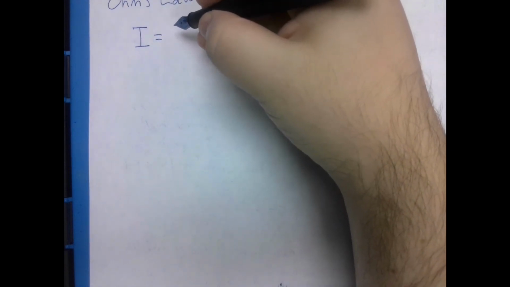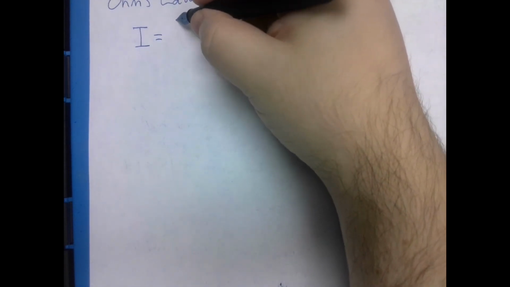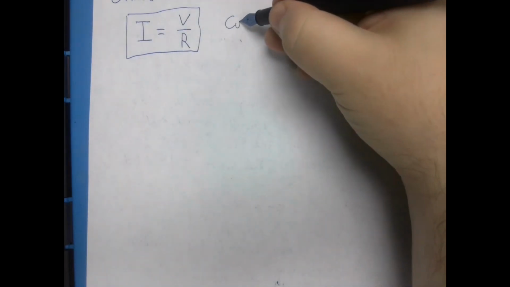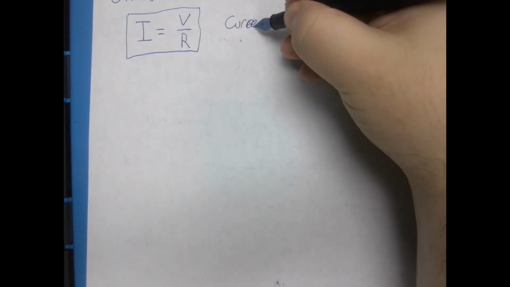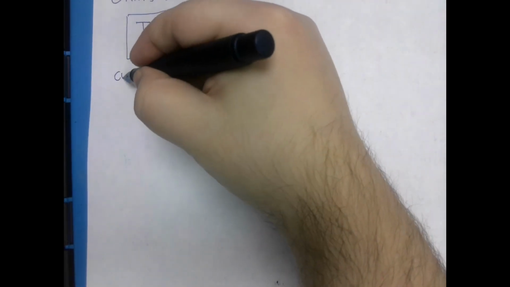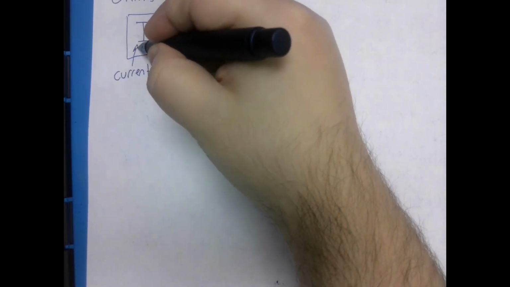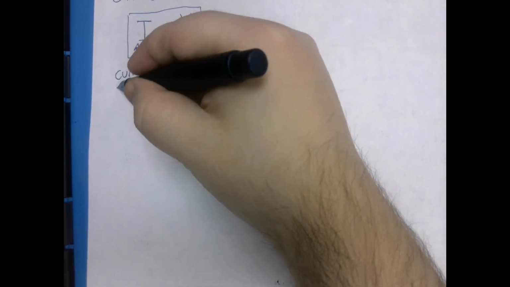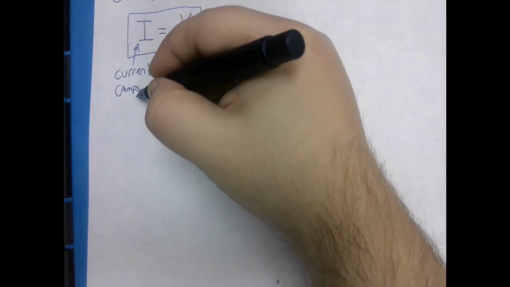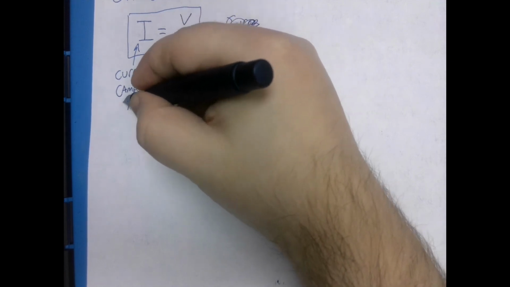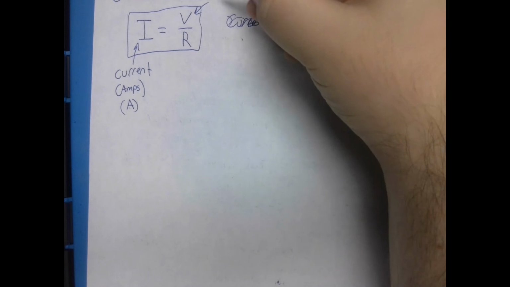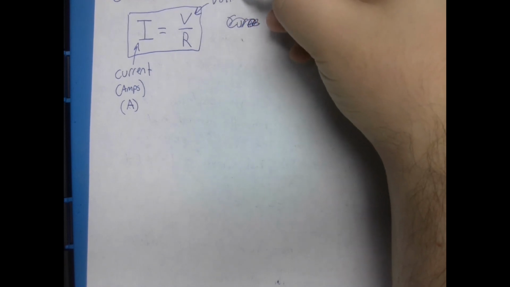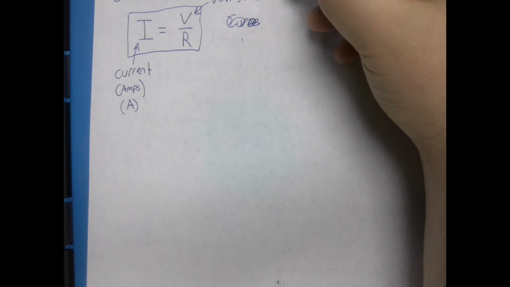Current is equal to voltage over resistance. Current uses the letter I, and it's measured in amps, which you can just have the letter A. Voltage is measured in volts.